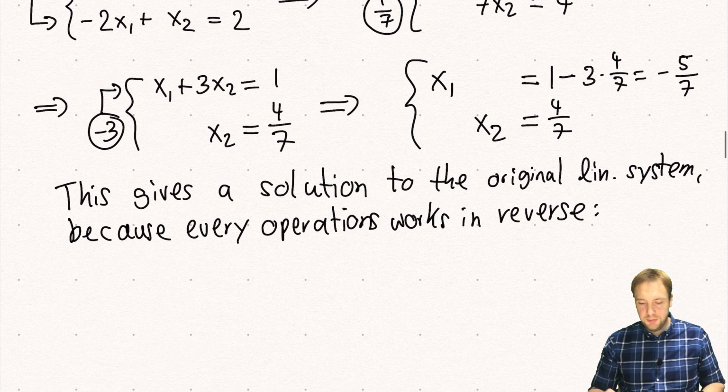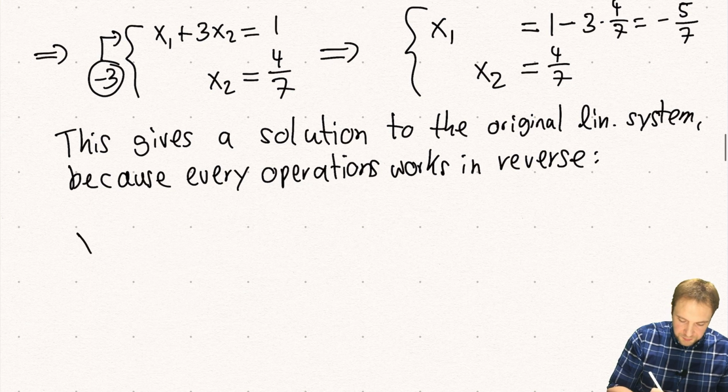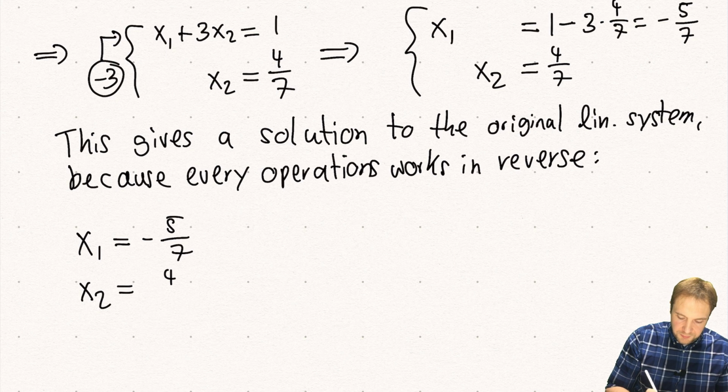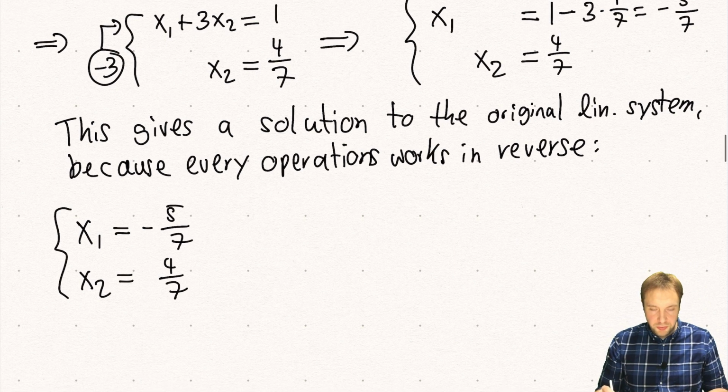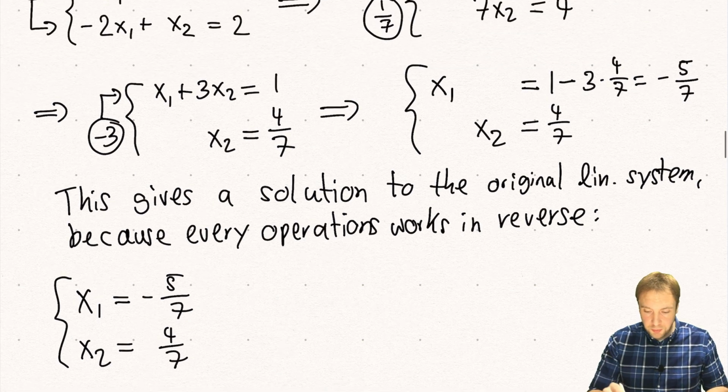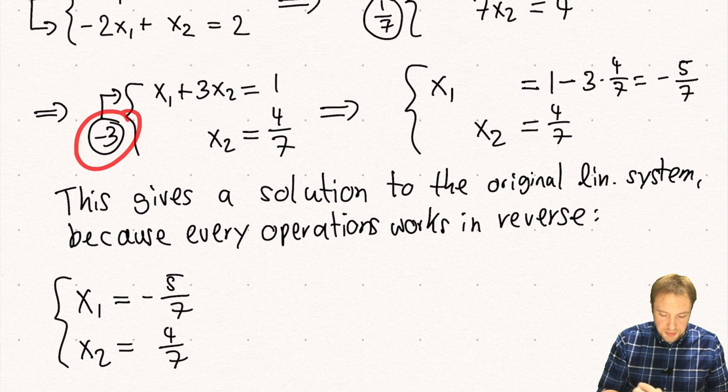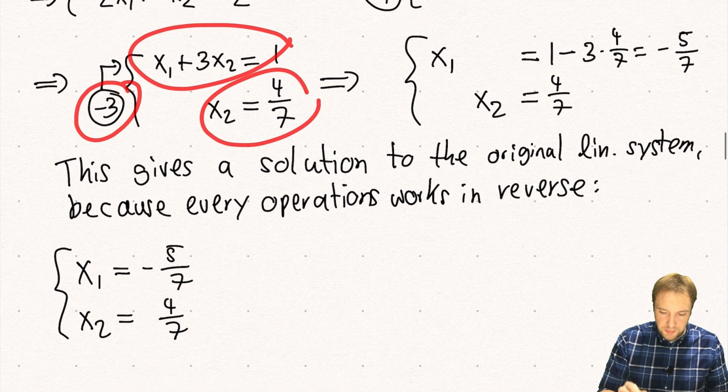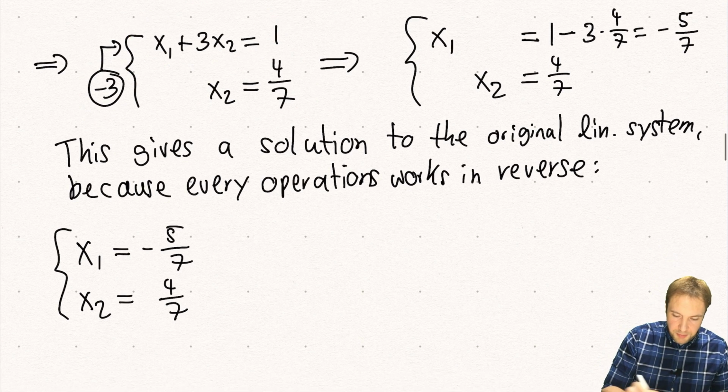So in other words, if we would start with this linear system here, that x1 equals minus 5 over 7 and x2 equals 4 over 7, then what I could do, well, what is the opposite of adding 3 times this equation to this? Well, it means minus 3 times.